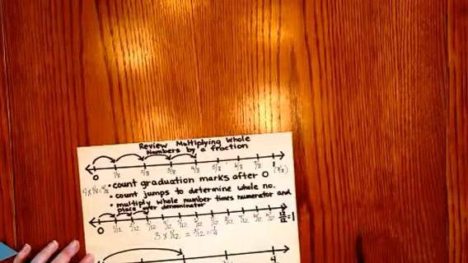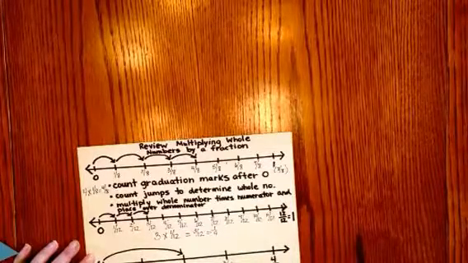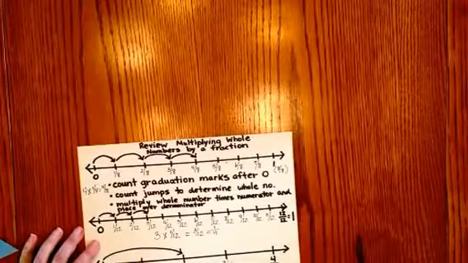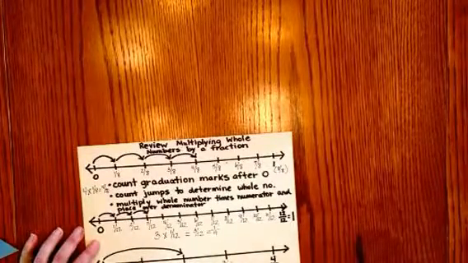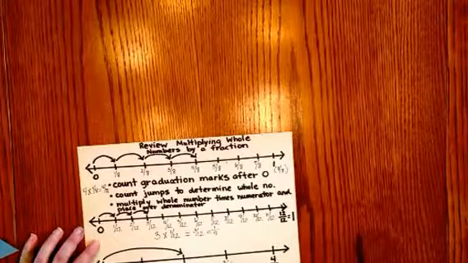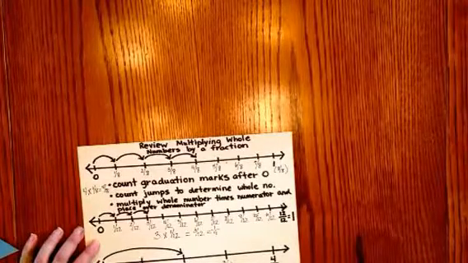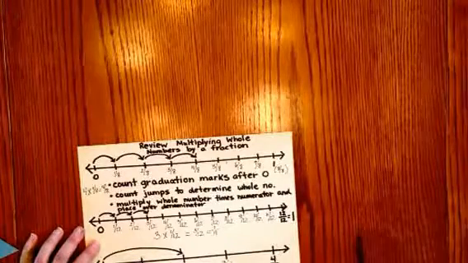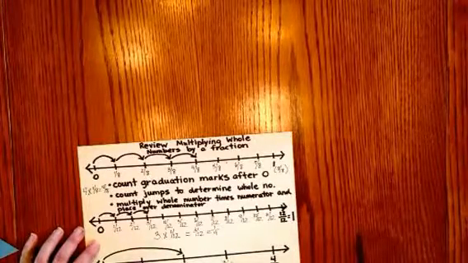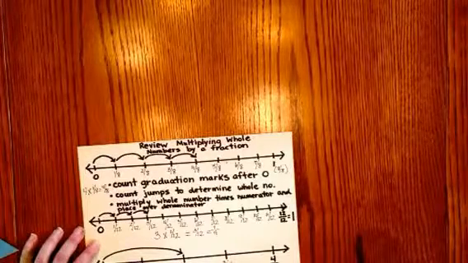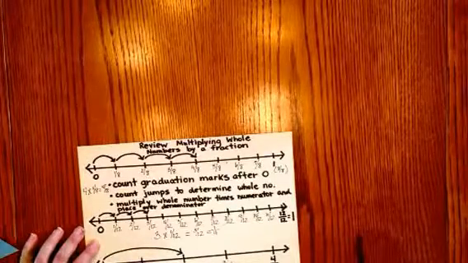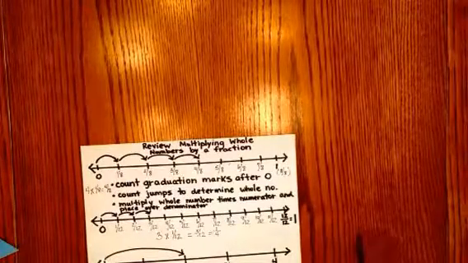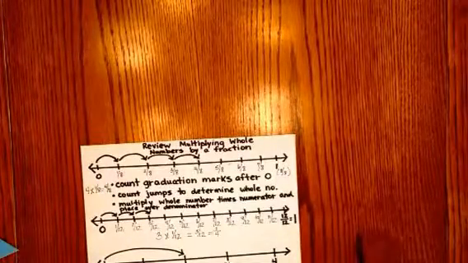So this is going to be 2 times 1/4 equals 2/4. This actually reduces to 2 divided by 2 is 1, and 4 divided by 2 is 2. So that actually reduces to 1/2. And we know that 2/4 is equivalent to 1/2.